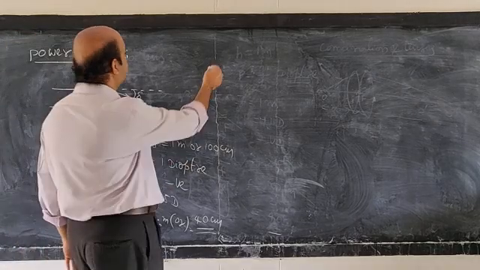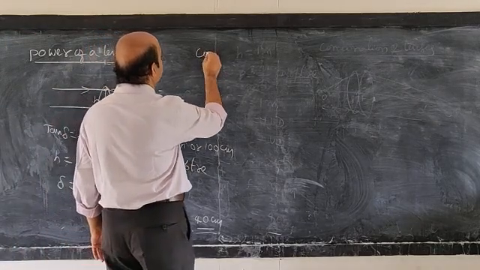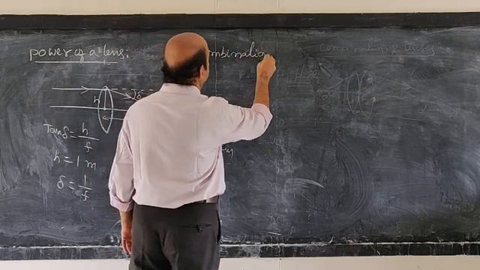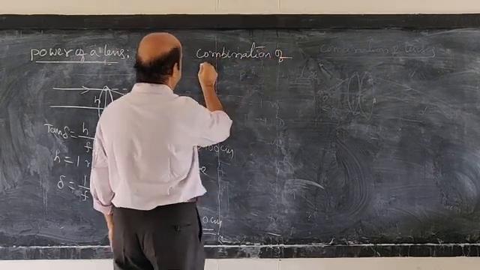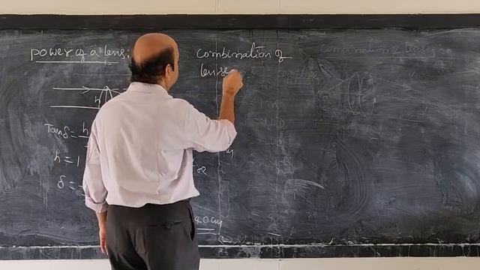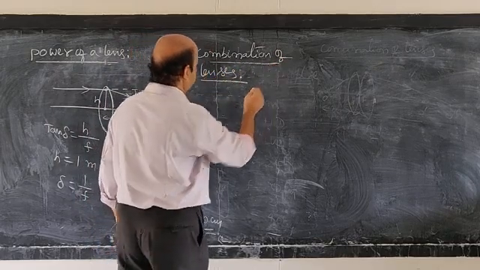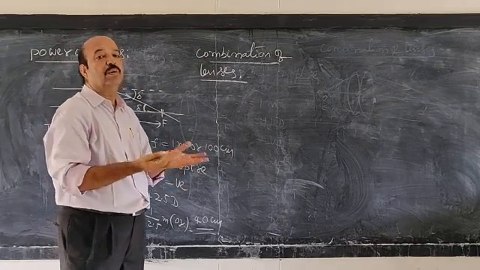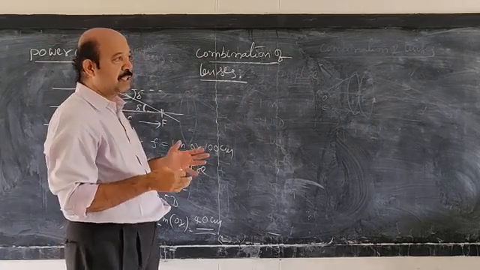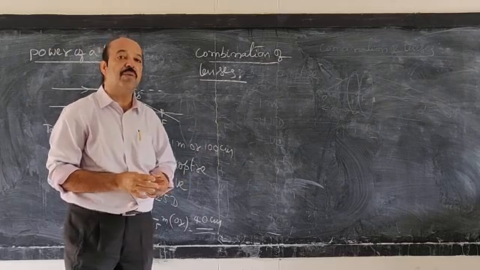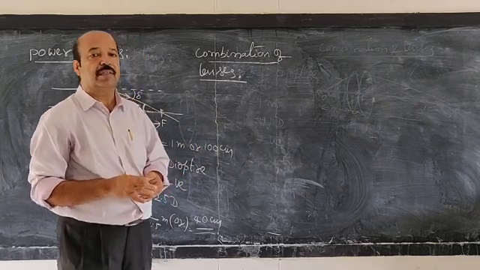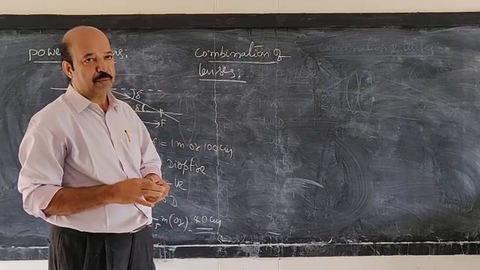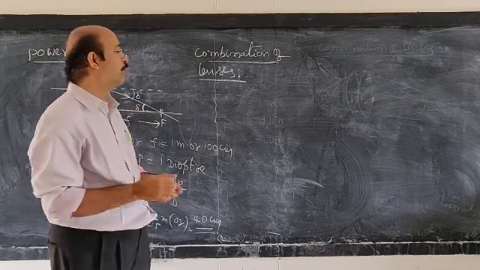Now we will talk about the combination of lenses. That is, lenses can be put together in order to achieve more magnification. Such combinations of lenses are used in cameras, telescopes and other optical instruments like microscopes also.